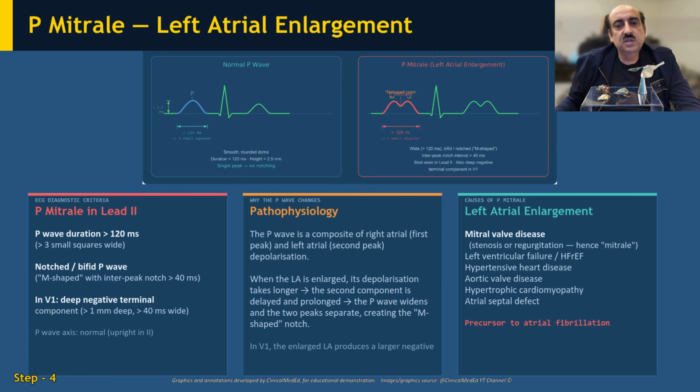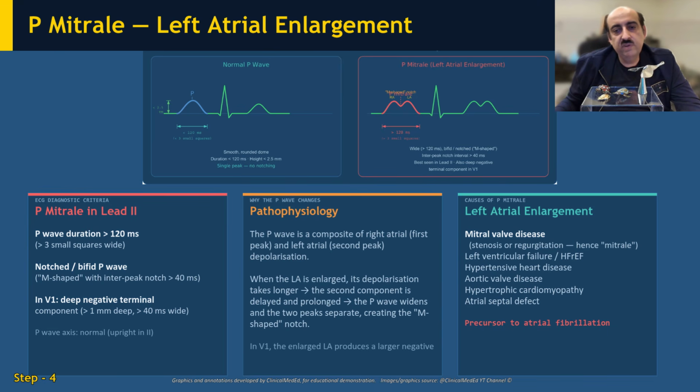And the voltage contribution of the left atrium significantly changes the shape. So that's why there is a notched or bifid P wave in lead 2, while in V1 there will be a deep negative terminal. We'll show it in the next slide as well. And this is due to the mitral valve disease.